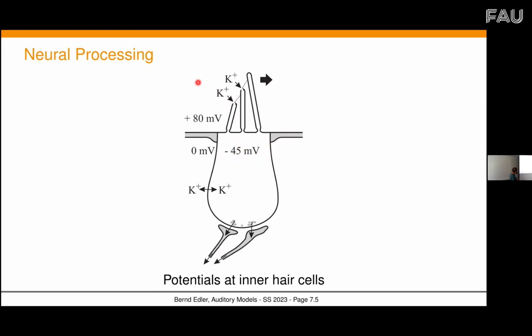And if the channels are opened, then of course the positively charged potassium ions would enter the body and lead to a depolarization. That means the potential would get closer to zero. I hope that's logical. And then there is some diffusion, and so they can be exchanged through the membrane of this hair cell.